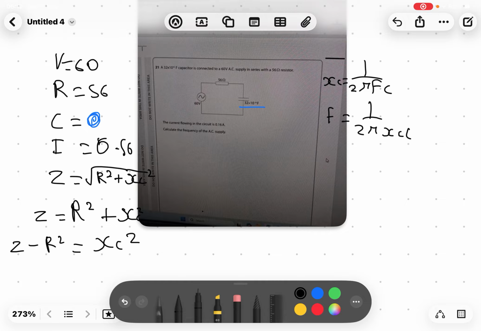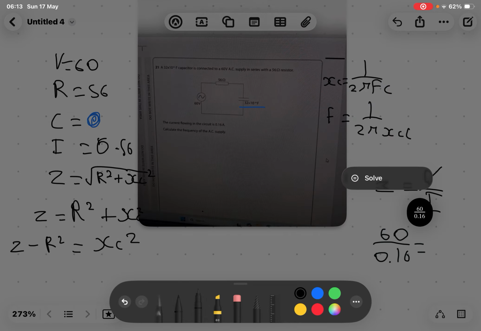We know that I equals V over Z, and we know the V, we know the I. So these two switch places, and Z equals V over I, 60 divided by 0.16 equals 375.